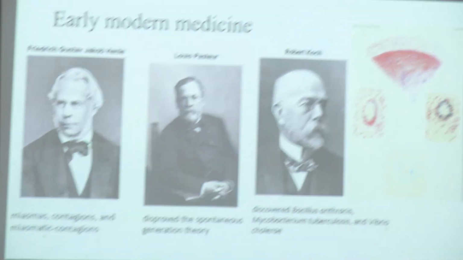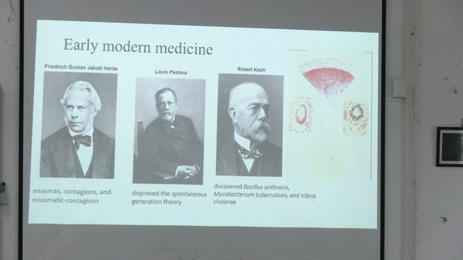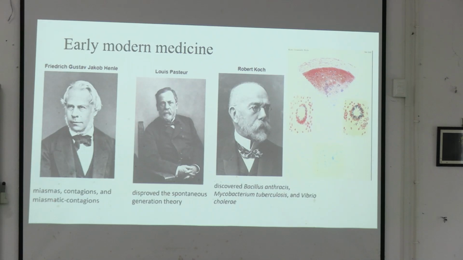Having said that, look at these three pictures. The first picture is of Frederick Gustav. He was one of the pioneers in describing human diseases before the discovery of pathogens, and he labeled the diseases as miasma, contagion, or miasmatic contagions. Thereafter, next comes Louis Pasteur. One of his biggest contributions is disproving the theory of spontaneous generation. Now, what was this theory?